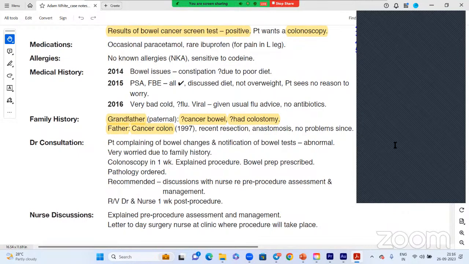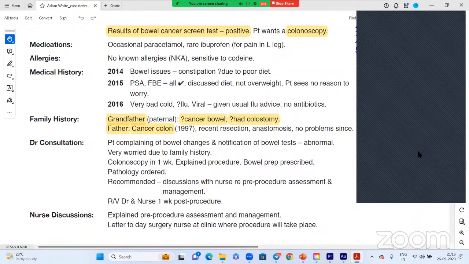Not only refraining from alcohol consumption, but also smoking cessation have been recommended.